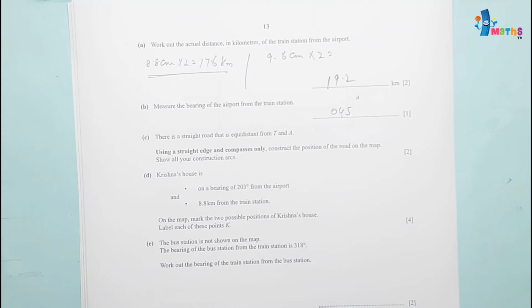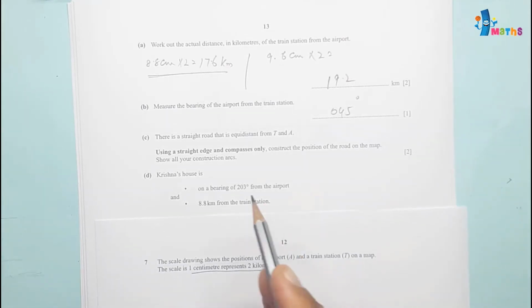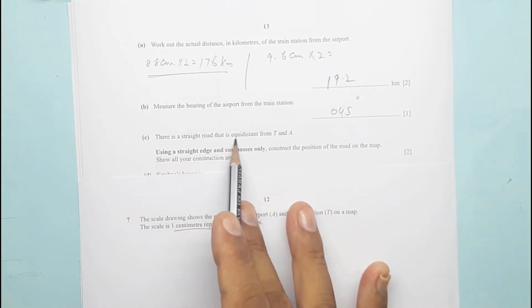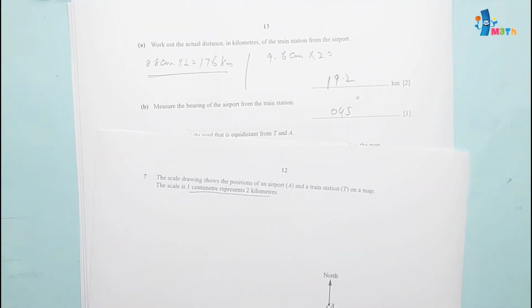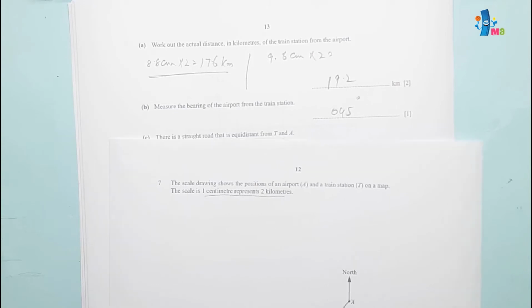Then there is a straight road that is equidistant from T to A. I'll take the same paper again. So we have to draw the line bisector.